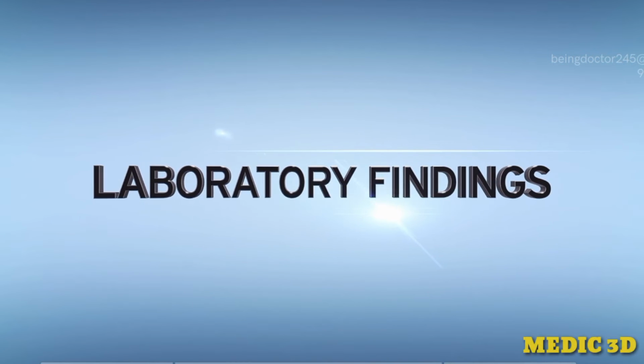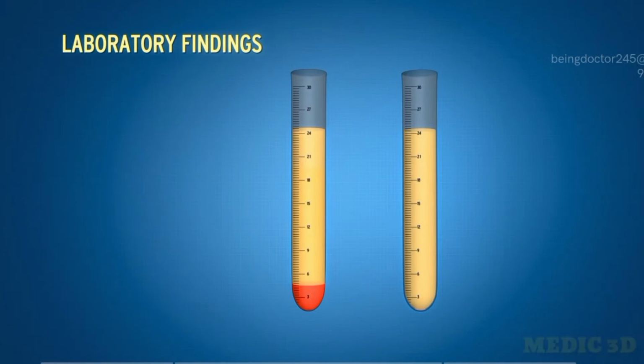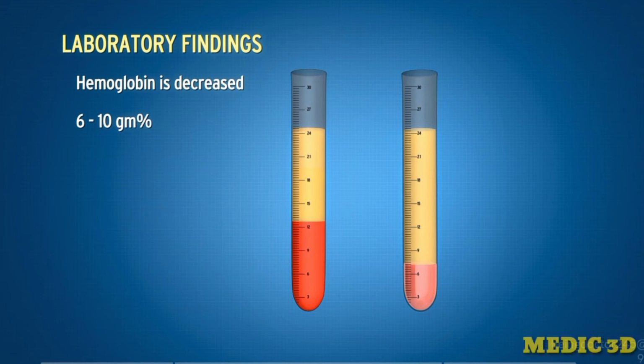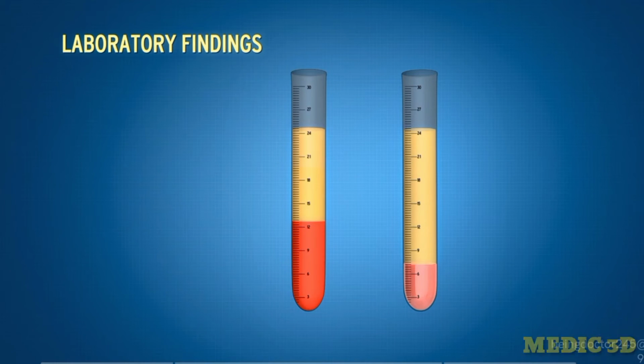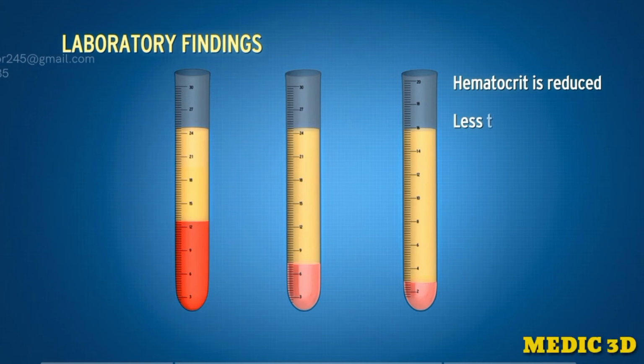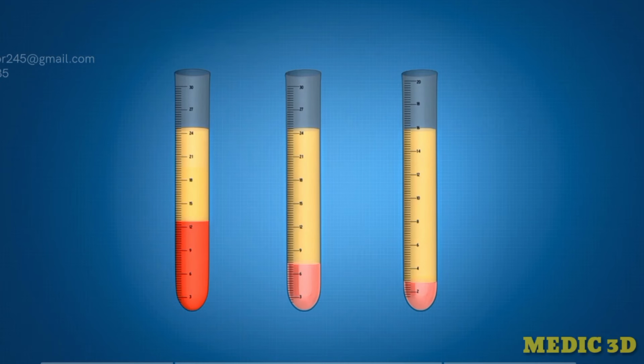Laboratory findings. When hemoglobin is decreased, usually it falls in the range of 6 to 10 grams percentage in moderate cases and can be as low as 3 grams percentage in severe cases. Hematocrit is reduced usually to less than 30%. Red cell indices.